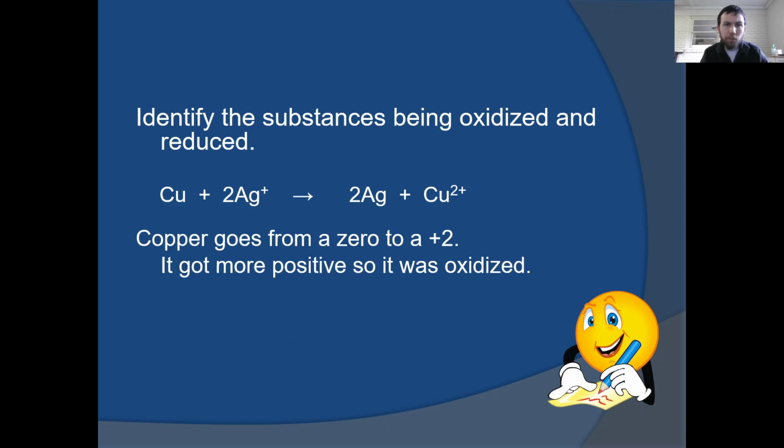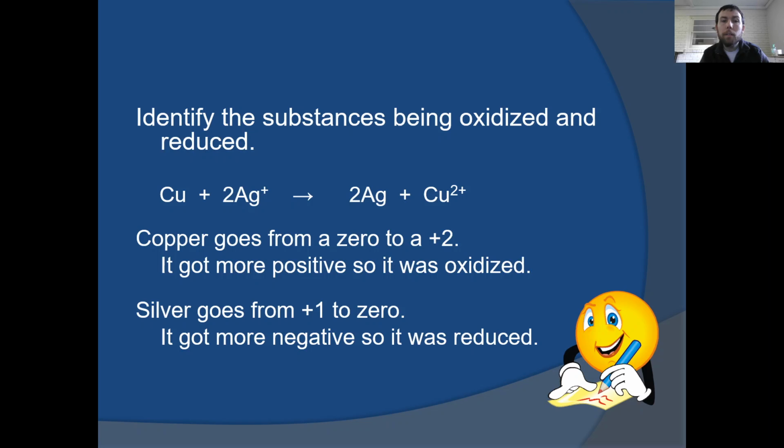So copper goes from 0 to +2, so that means it was oxidized, which means that copper was the reducing agent. And that means that the silver goes from +1 to 0. It got more negative, so it was reduced. So the copper was the reducing agent, and silver was the oxidizing agent, right?